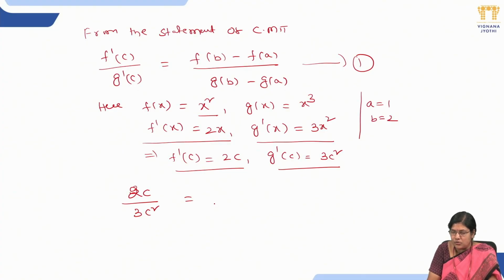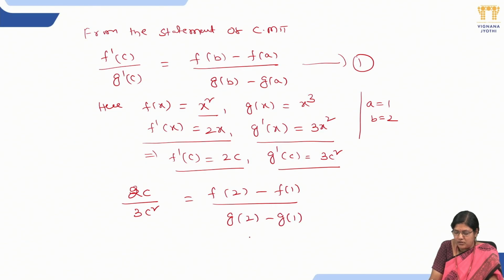Substituting these in the right hand side of equation 1, we have (f of 2 minus f of 1) divided by (g of 2 minus g of 1). On the left hand side, one c gets cancelled, so this is equal to 2 by 3c, times (f of 2 minus f of 1) divided by (g of 2 minus g of 1).